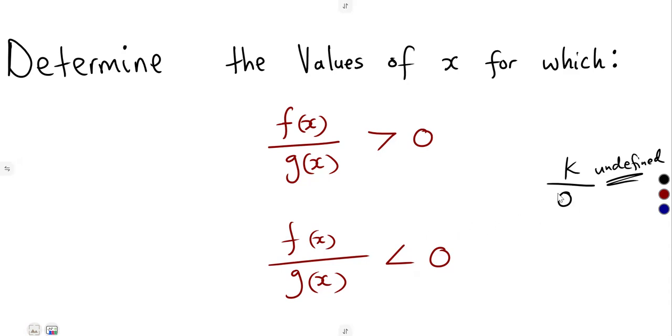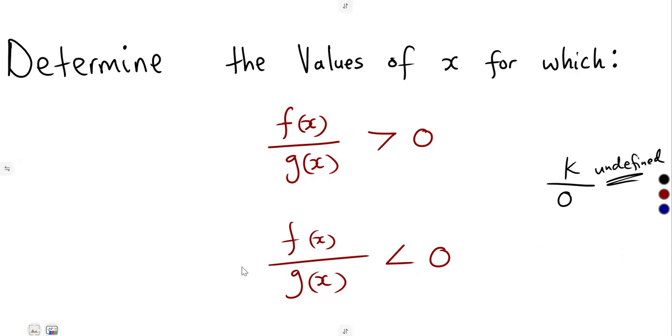A constant, whatever you have, as long as the denominator is equal to 0, everything becomes undefined, invalid, cannot be simplified.